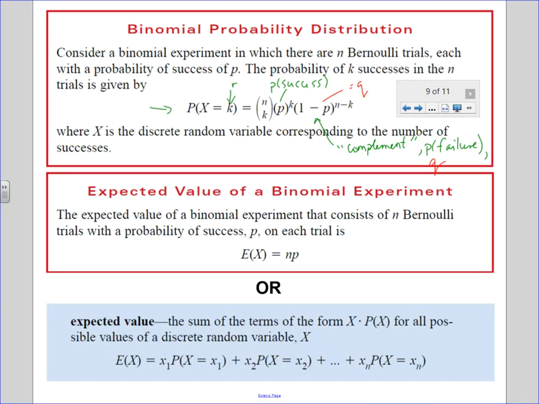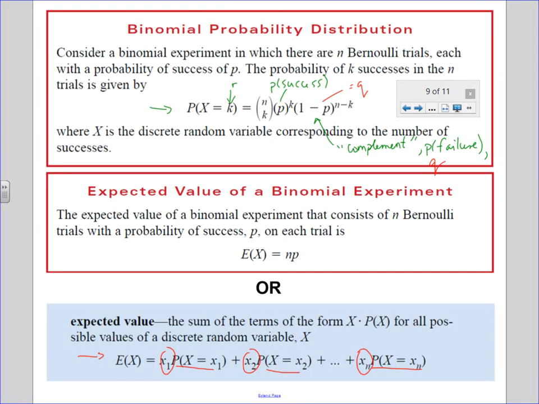The expected value, if you look below, this is now becoming more of a common formula for us. So you take the distribution, so here are the probabilities from your distribution, and we end up multiplying those by the value that we're seeking. Okay. So expected value is like the average or the mean of a distribution, and you can calculate it that way.